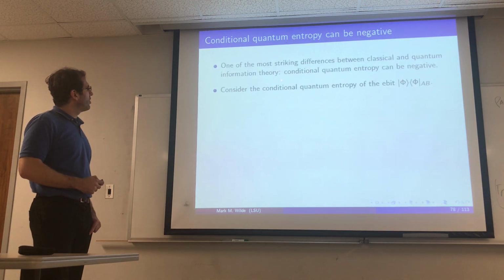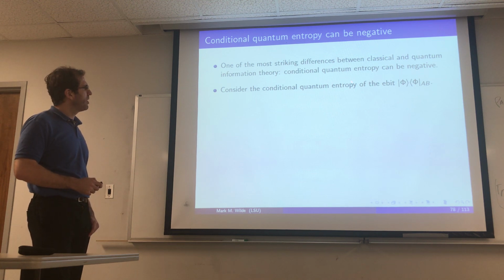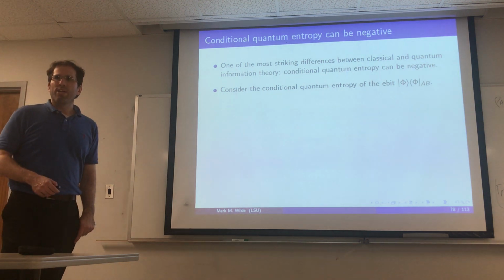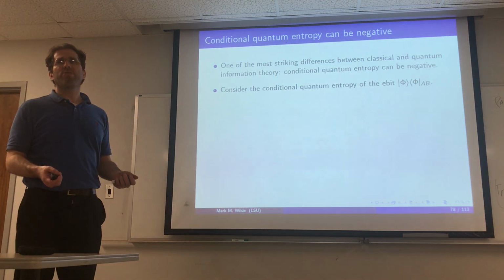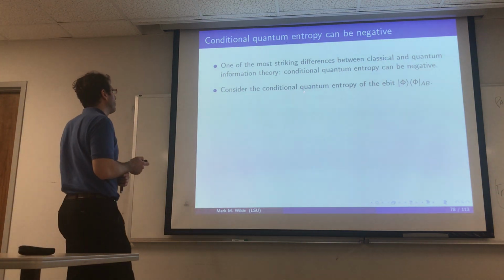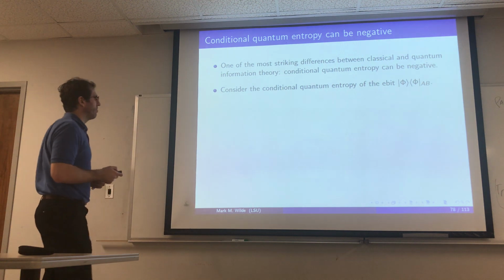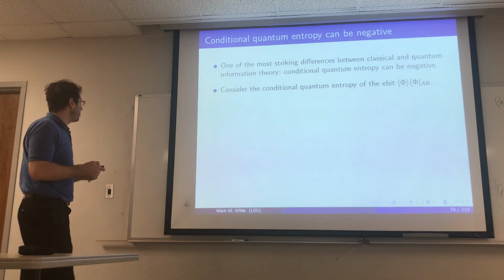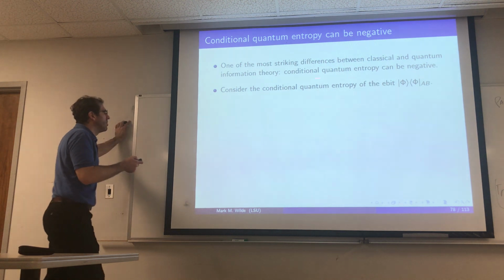And then another kind of striking difference between classical and quantum is that conditional entropy can go negative. That does not happen in classical information theory. It's always non-negative, but in quantum theory, it can go negative. And it's a signature of entanglement. So let's see an example of how that happens.